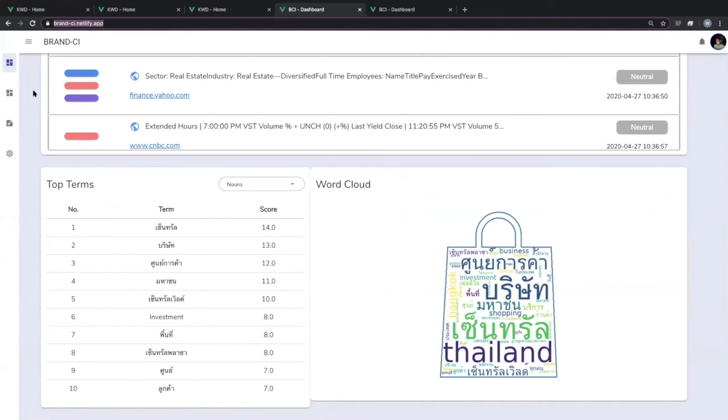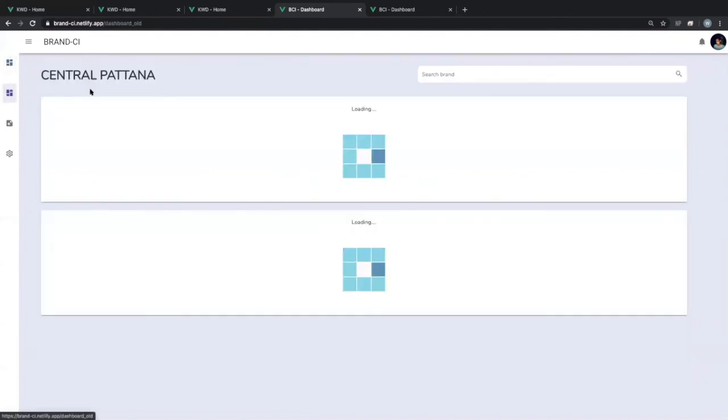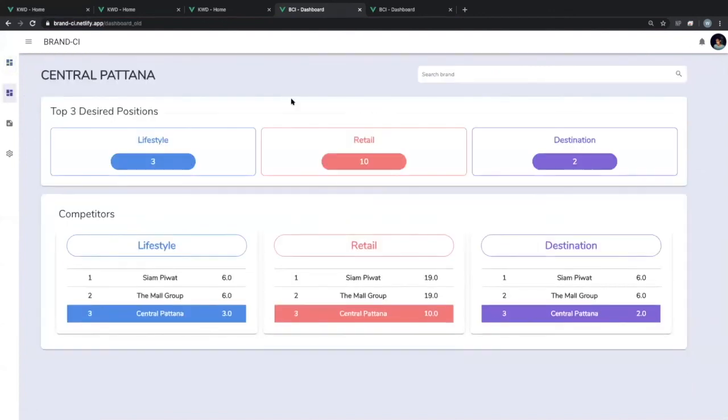And for the CI part, I want to compare my brand to the competitors in the selected value that I choose. Here, the platform can show that in lifestyle, Central is third, and which brand is on top.